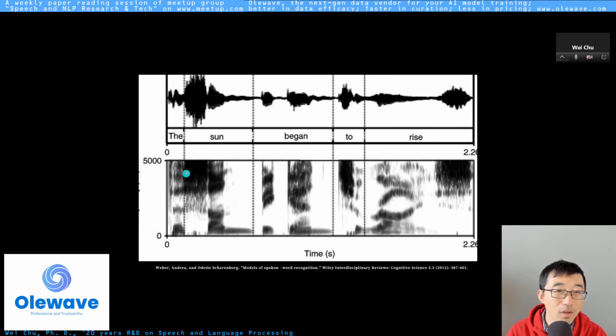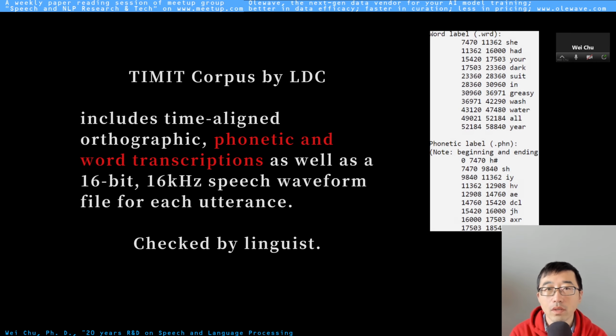You have to carefully look at the spectrogram and see where the cliff or significant boundary looks like. So this is why labeling those word boundaries takes a lot of time, and lots of time they require professionals, aka linguists, to label them. It's never an easy job, and the question is, can AI do it? Can AI do better than a human being? Unfortunately, I think the answer right now is no.